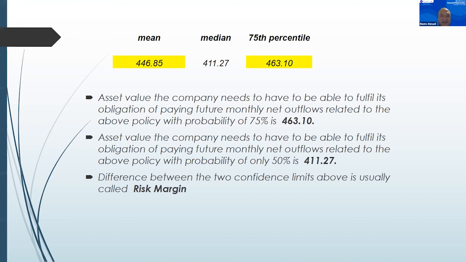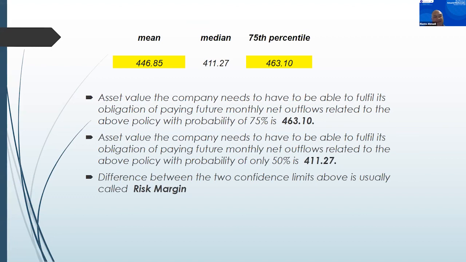What is RBC? RBC is short for risk-based capital. Equity is what they call the book capital, but there is another capital concept called risk-based capital, which is a capital derived following risk theory.